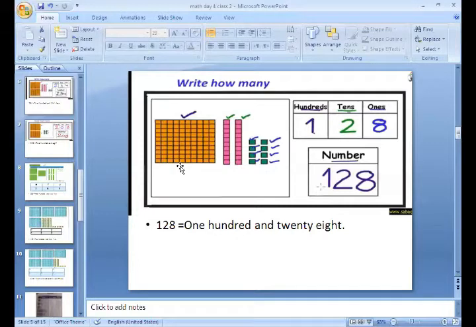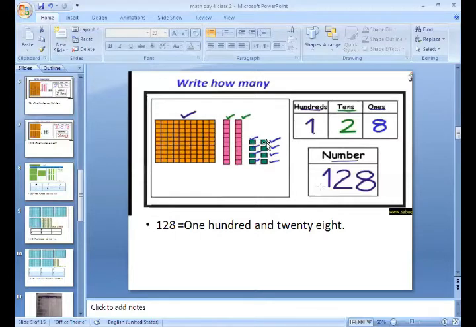So how many blocks of hundreds are there? There is only one square, so it shows 100. So you will write 1 at the 100 place. And how many blocks of tens are there? There are two rods, so these two rods show two blocks of 10. So you will write 2 at the tens place. And how many blocks of ones are there?